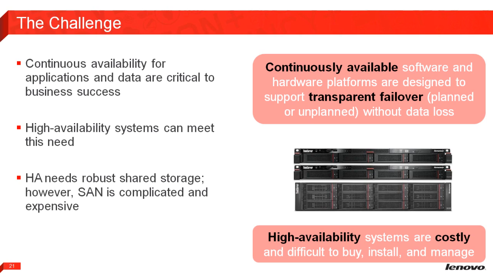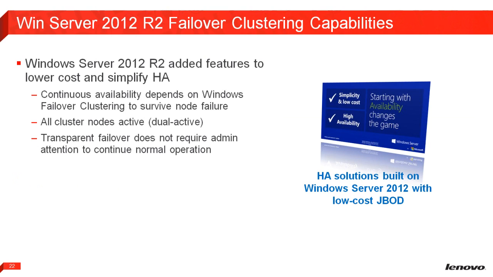So one of the things that we wanted to do with putting the solution together is really make it an easier to use solution for that SMB customer. And how we're doing that, we're leveraging some of the capabilities that Microsoft has developed. So in Windows Server 2012 R2, their failover clustering capability is one of the key components of this reference architecture.